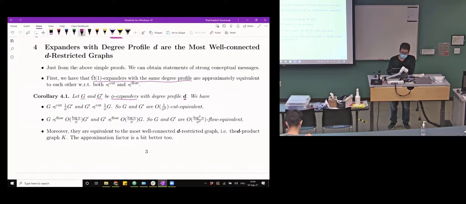But now they really have the same degree, so you can conclude this too, and the other direction is just symmetric, right? With this, you conclude that G and G prime are cut equivalent with a 1/5 squared factor.